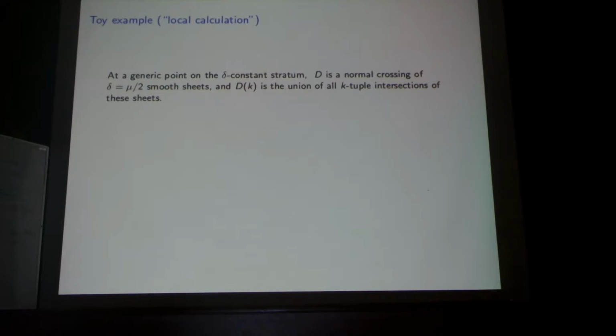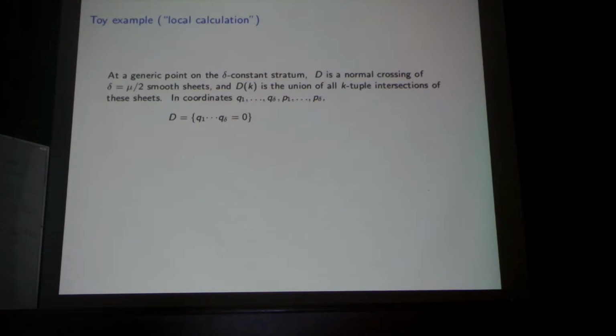So at the generic point on the delta constant stratum, the discriminant is just a normal crossing of mu over 2 smooth sheets, and dk, where the delta invariant is equal to k, is the union of all the k-tuple intersections of the sheets.